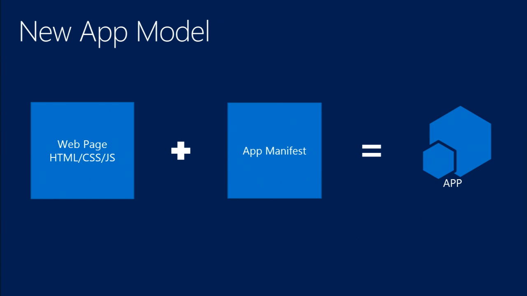That manifest describes your app to SharePoint and says, these are the kinds of permissions that I need, these are the kinds of things that I need access to, these are the kinds of things that I want to provide and surface up in my SharePoint site. And if you keep this in mind as you're doing SharePoint development, you'll see that we've replicated these concepts throughout our development tools.